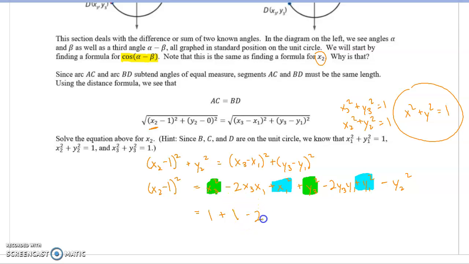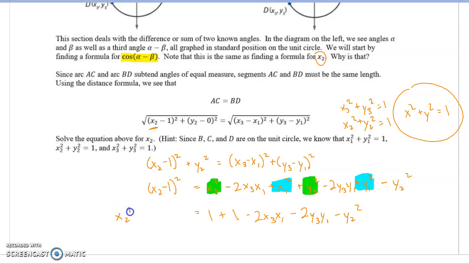We've got a minus 2 x3 x1, and we've got minus 2 y3 y1. We still have this pesky y2 squared, but maybe we can do something about that. Just like we did on the right side, maybe we'll expand out the left side.